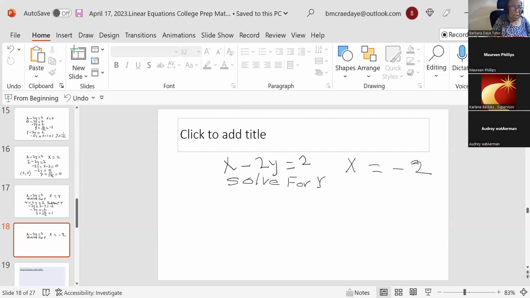Okay, so you got x - 2y equal 2. So your first step is to put what? The -2 for the x. So you have -2 minus 2y equals 2. Now go from there and solve it.